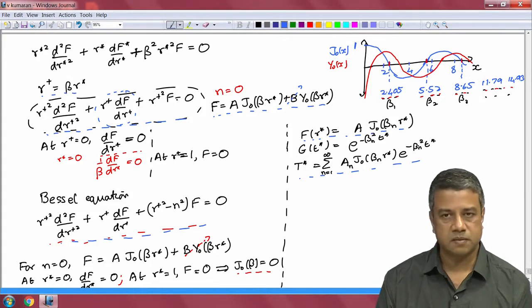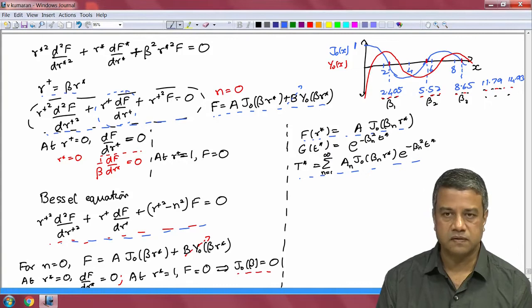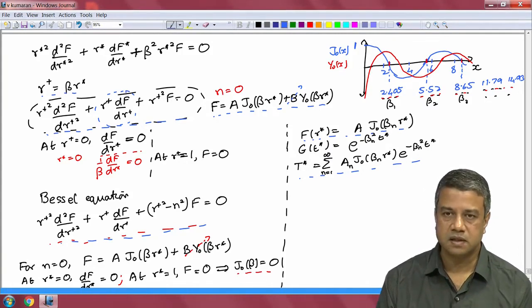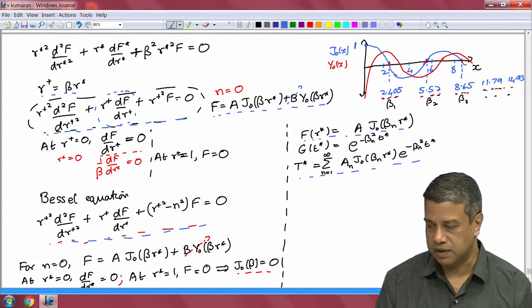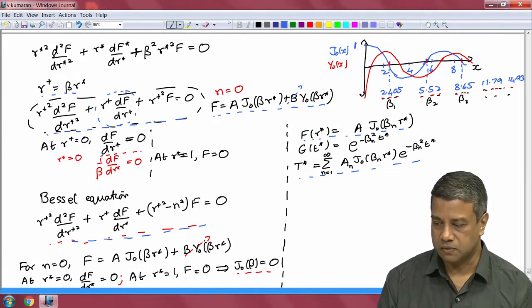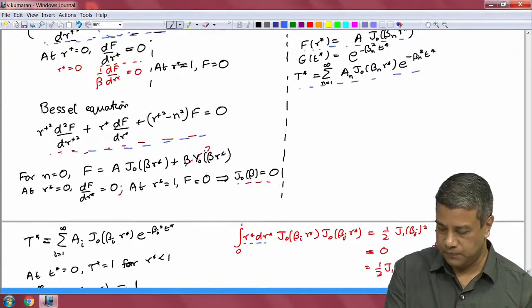Which means that the solution for the temperature profile is the sum of these functions for n is equal to 1 to infinity. Note that I have started my index beta 1 at n is equal to 1, where you have the first 0 crossing of J0.